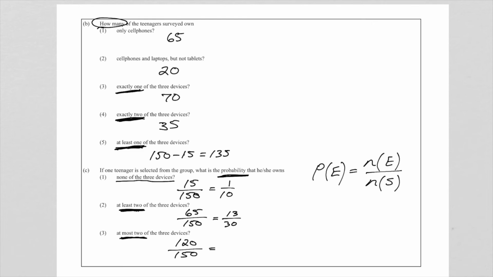And this is not a very difficult fraction to simplify, and it simplifies to 4 over 5. So that is our probability that if we select someone, that person will at most own 2 of the three devices.